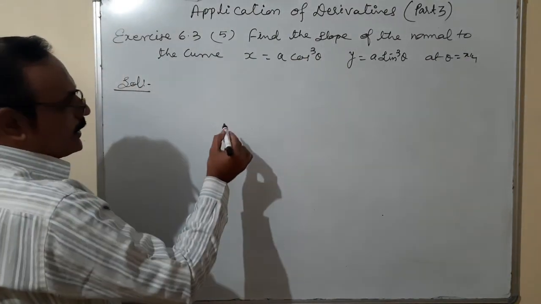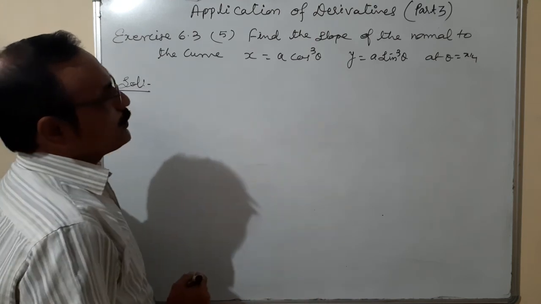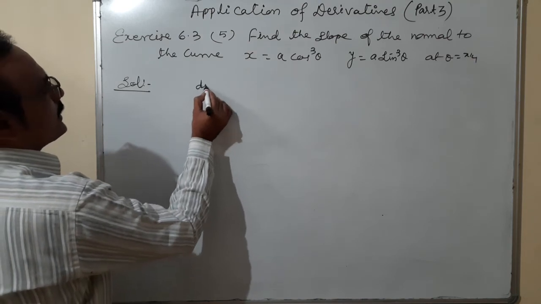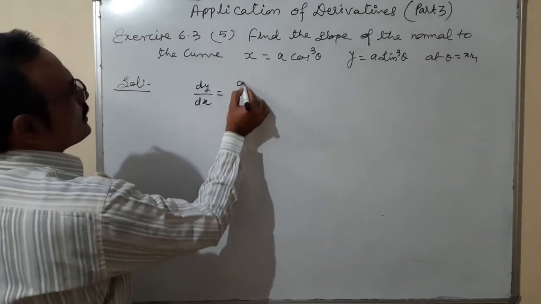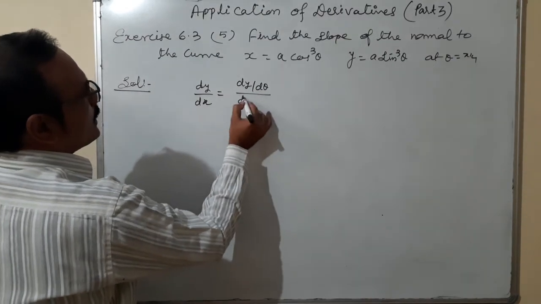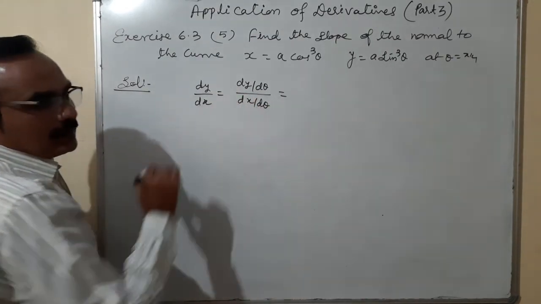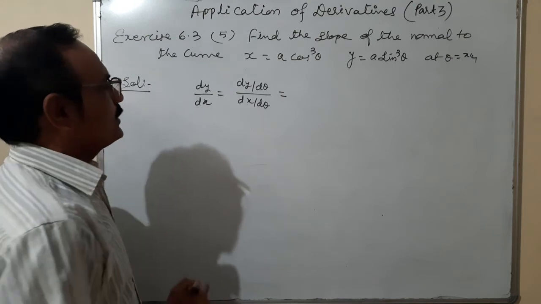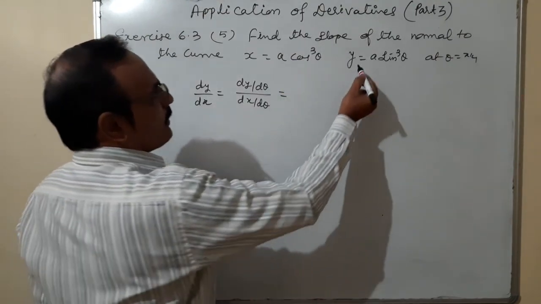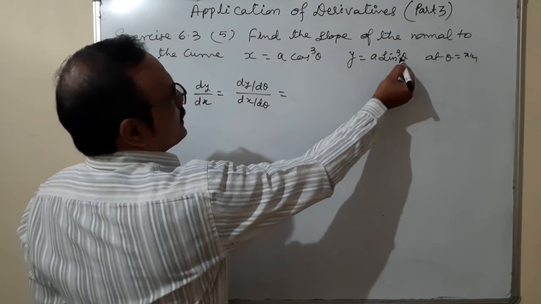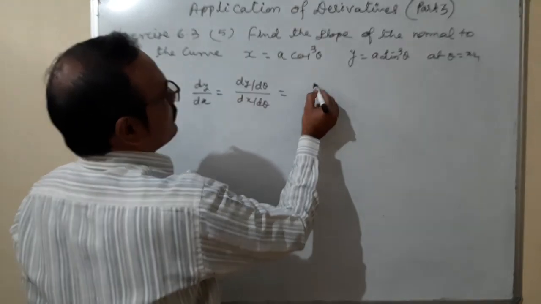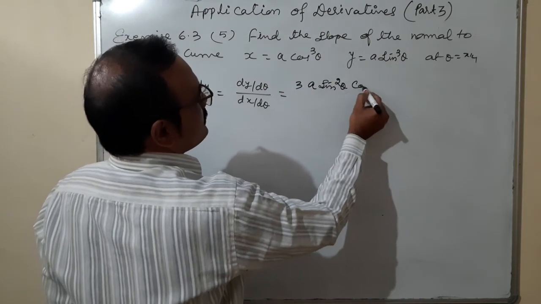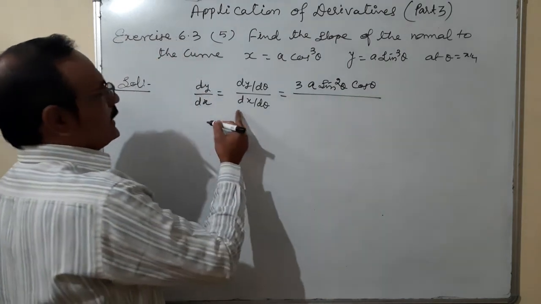So we are finding first, x is equal to a cos cube theta, y is equal to a sin cube theta. Now first we are finding dy by dx. Dy by dx means dy by d theta upon dx by d theta. Differentiate y is equal to a sin cube theta: dy by d theta is a times 3 sin square theta, and the differentiation of sin theta is cos theta, upon dx by d theta.